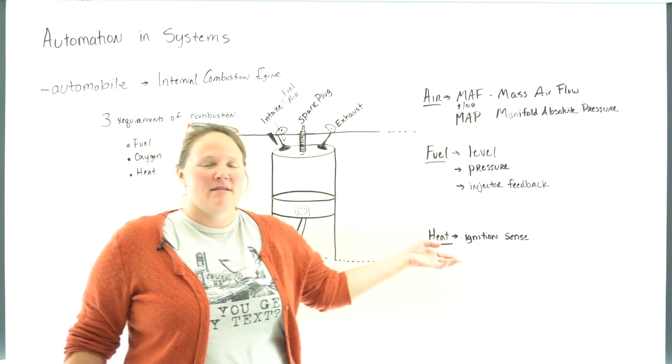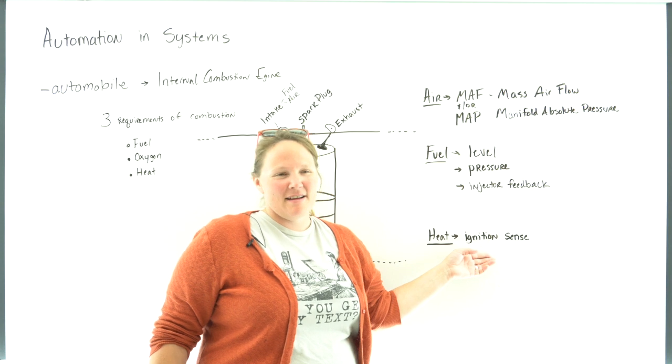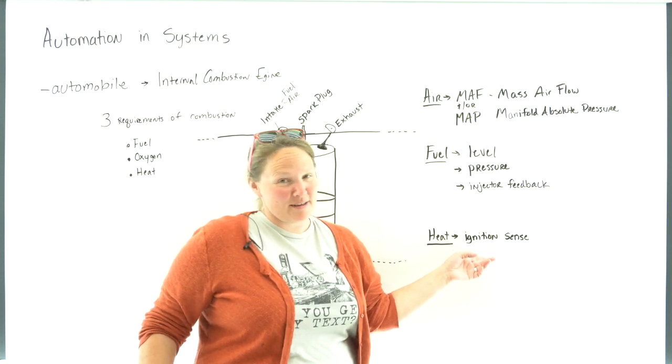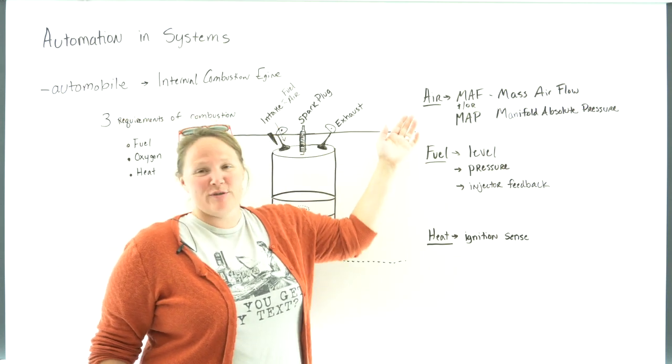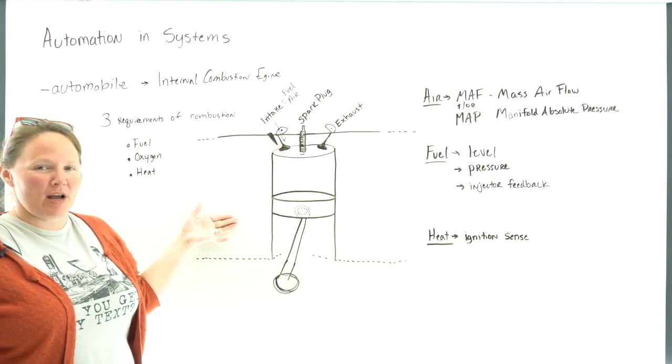For heat, sometimes we measure ignition feedback, but that's a newer technology, so it's definitely not implemented in all vehicles yet. All right, so these are some of the absolute necessities we need to control the combustion process.